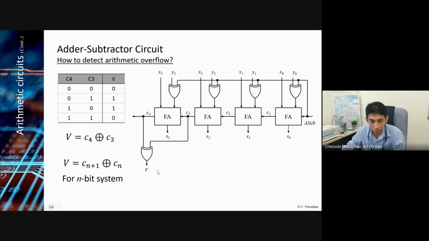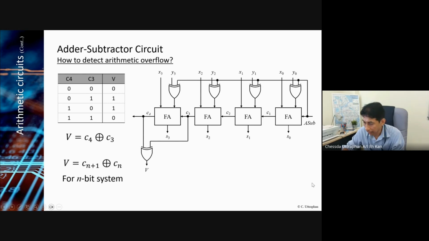If V equals 0 it means that you don't have overflow. So in a data system, detecting overflow is very easy. Just use an XOR gate on this C3 and C4. This is done.